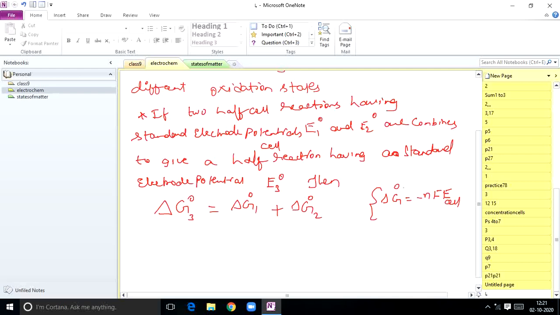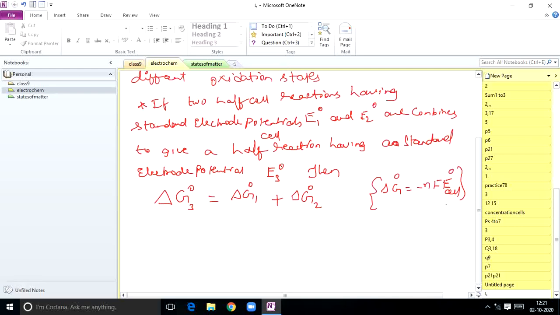Delta G naught is equal to minus nFE naught cell. So now apply that here. You will get minus n3 F E naught 3 is equal to minus n1 F E naught 1 plus minus n2 F E naught 2.